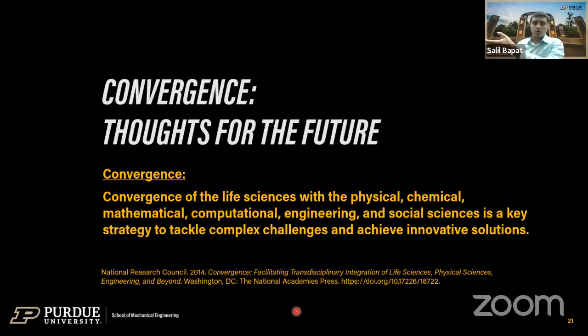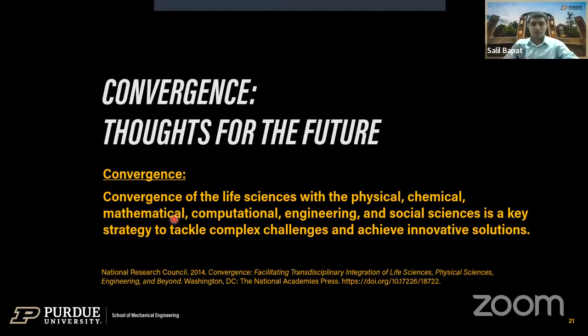But moving on beyond Industry 4.0 and coming back to the whole thesis of this talk is the convergence. So the National Academy of Engineering defines convergence as convergence of life sciences with physical, chemical, mathematical, computational, engineering, and social sciences is a key strategy to tackle complex challenges and achieve innovative solutions.